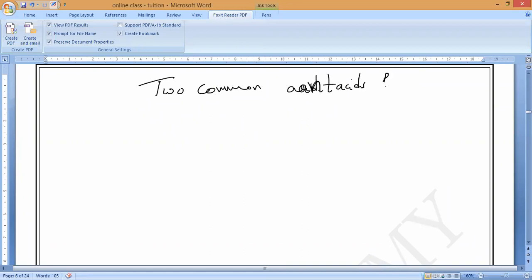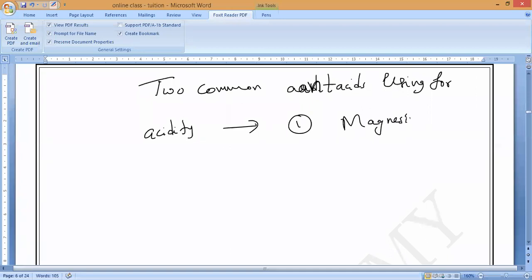One is magnesium hydroxide, which we can call milk of magnesia.